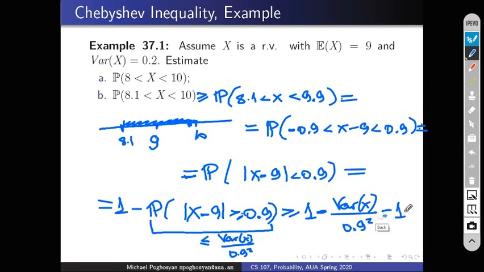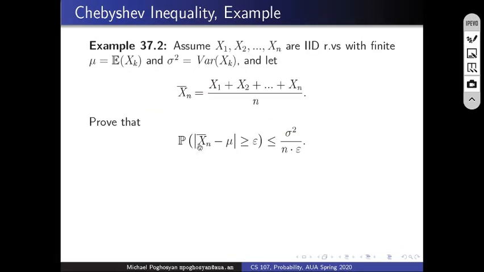So I will have 1 minus 0.2 over 0.9 squared. So this is larger or equal than this number. So I will have some estimate for this for a general random variable x.